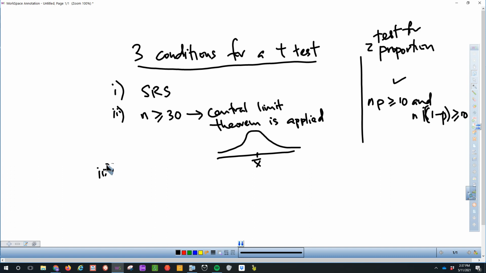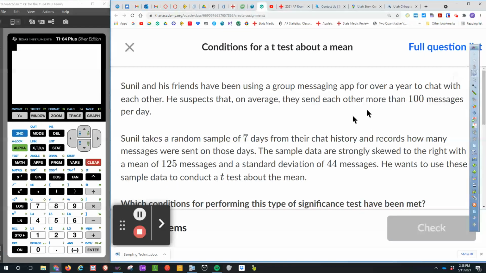And the third condition is the 10% rule, also known as the independence rule, which says that the samples are independent from each other. So keep in mind the three rules.